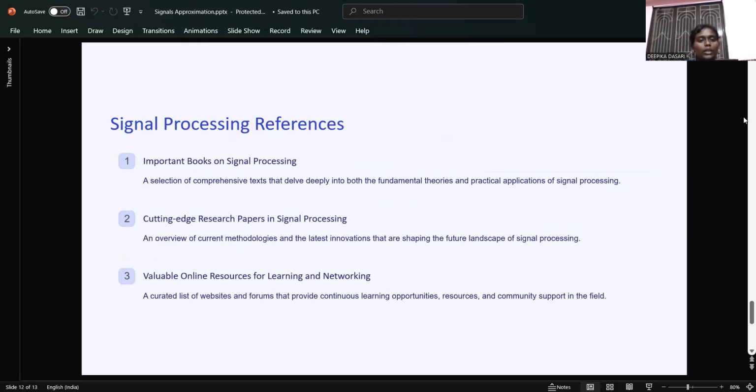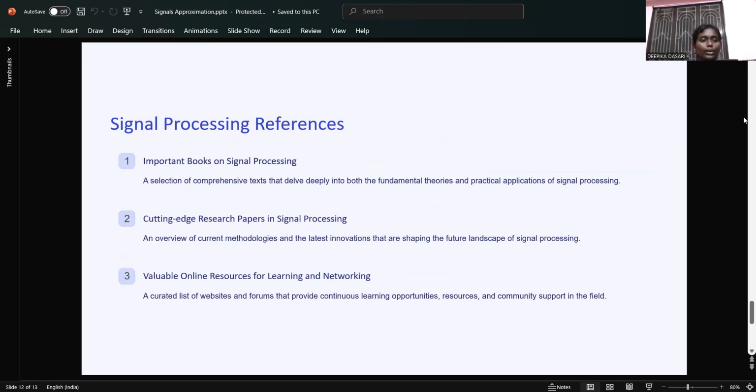Here are some of the signal processing references, which are important books on signal processing: a selection of comprehensive texts that delve deeply into both the fundamental theories and practical applications of signal processing.